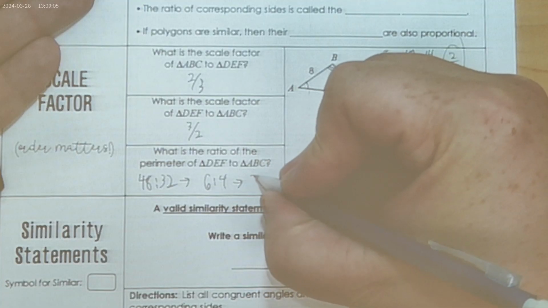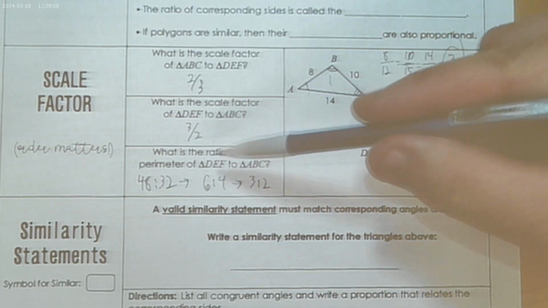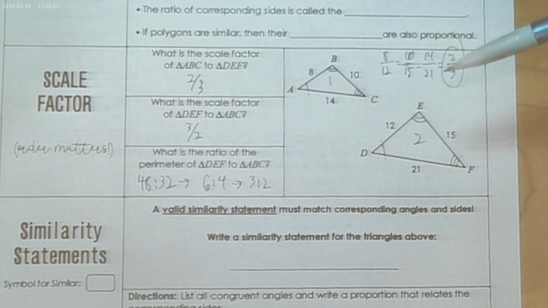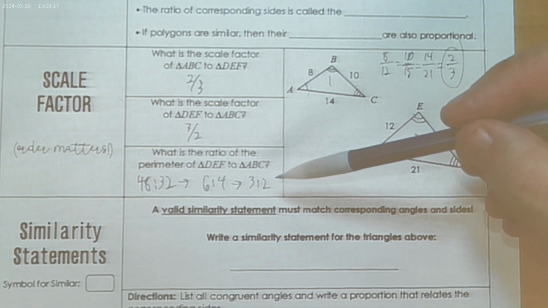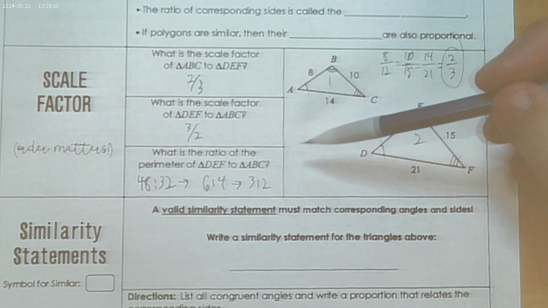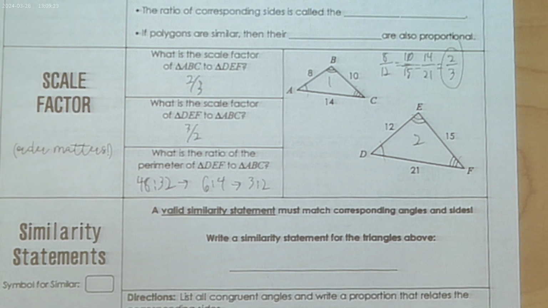That's going to give me 3 to 2, which is the scale factor also from DEF to ABC. So you can see, by way of a roundabout proof, that the same ratio will affect the perimeters as well as the individual sides. So we're good.